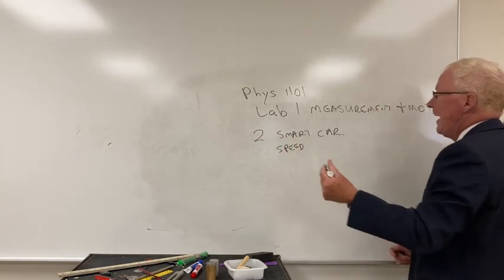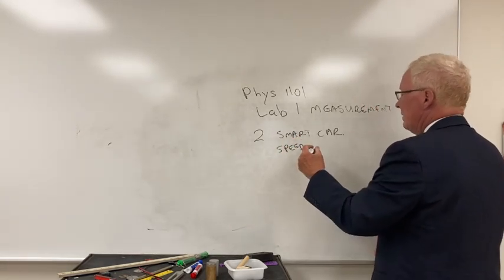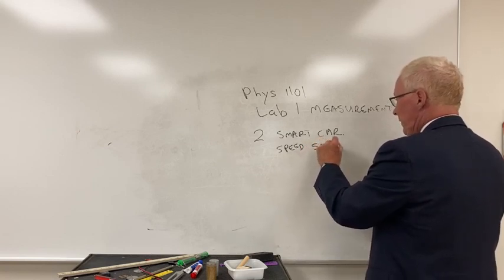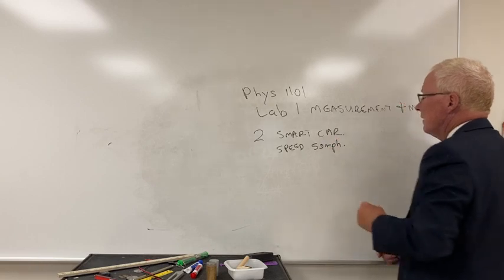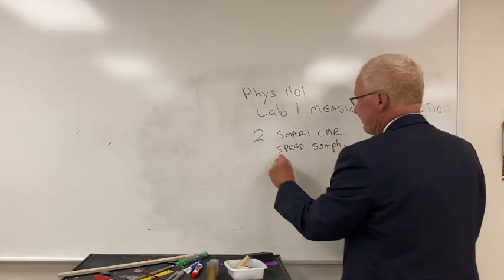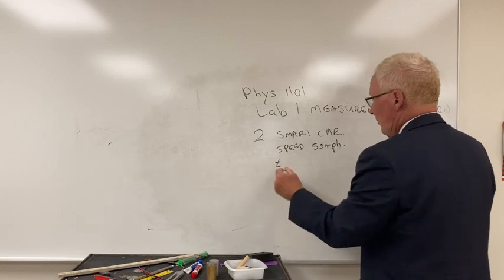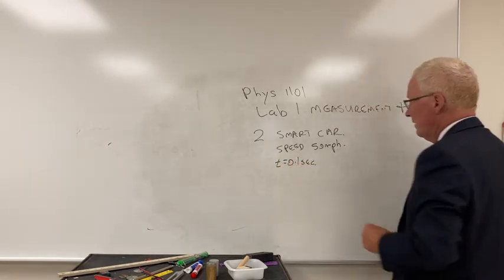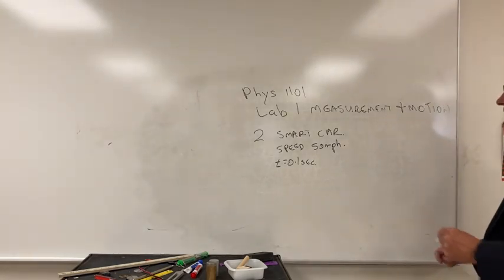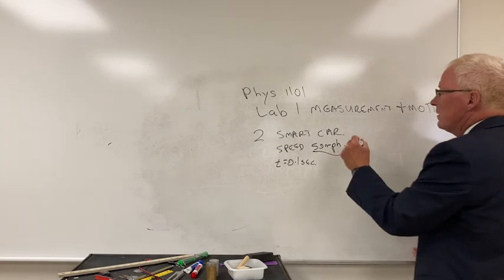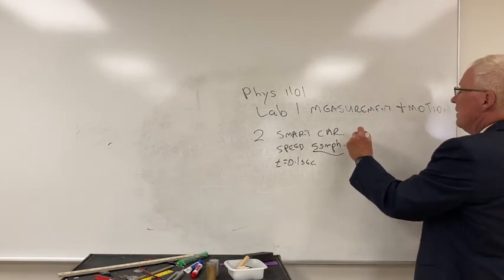So, as an example, if something is going 50 miles per hour, and the time for a normal crash is about 0.1 seconds or less. This is not the speed for the smart car, I'm just doing an example.